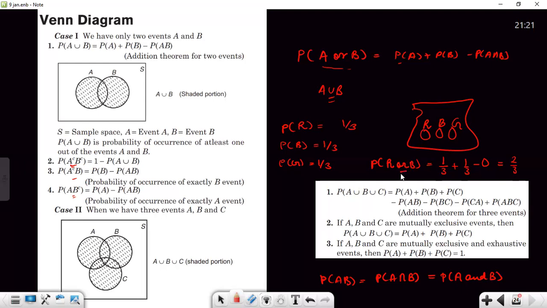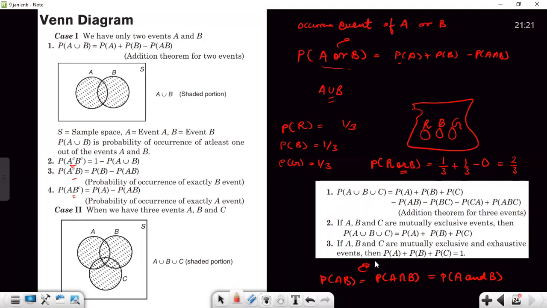Whether we were discussing R or B, A or B, it meant that either event A or B would work.